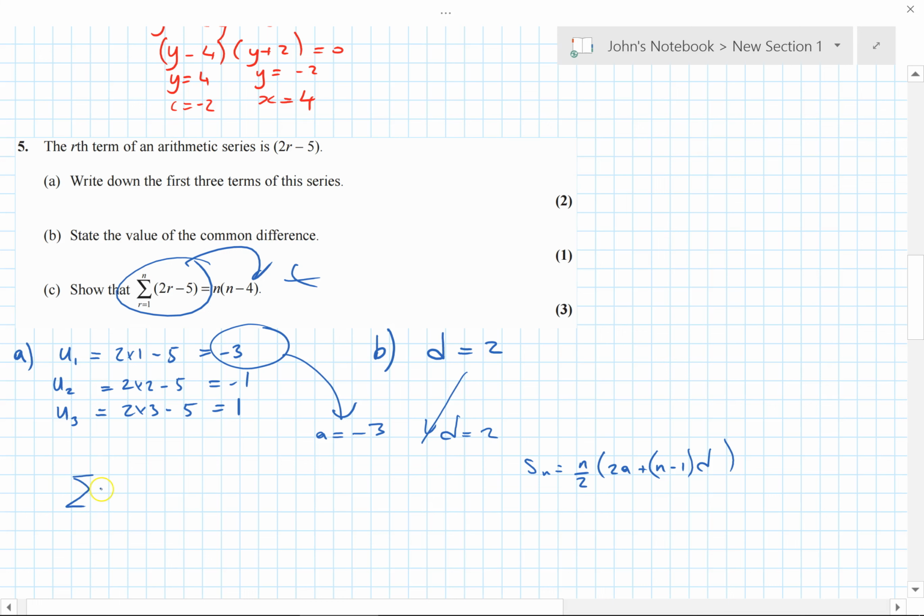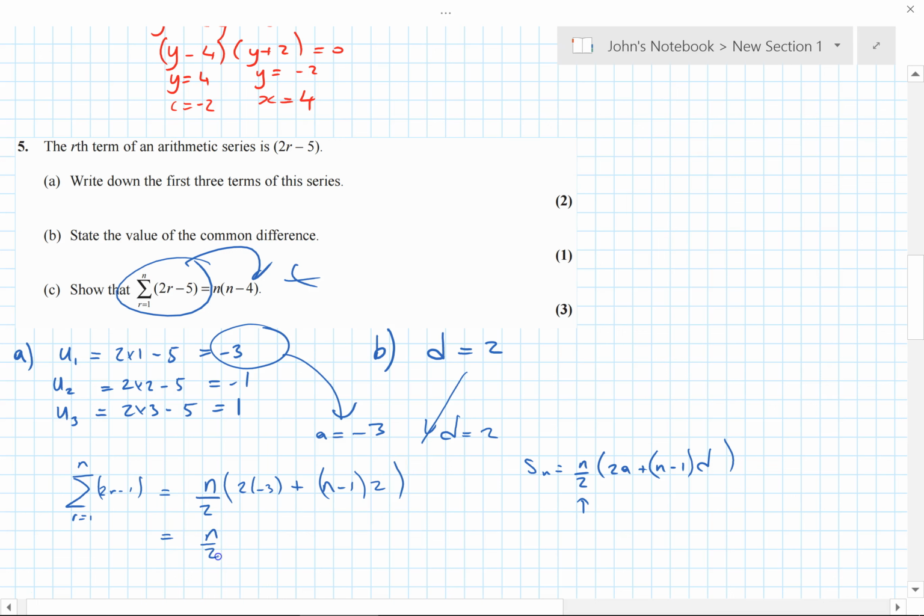So let's write this out again. The sum from r equals 1 to n equals n over 2 times 2 times minus 3, plus n minus 1 times d, which is 2.